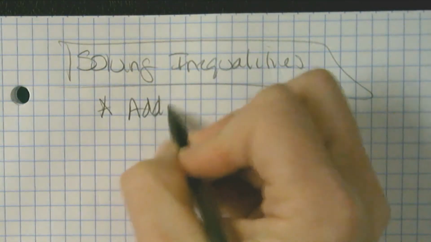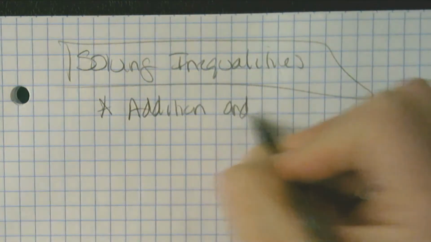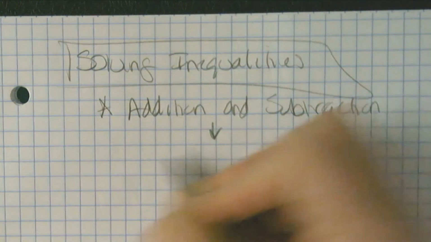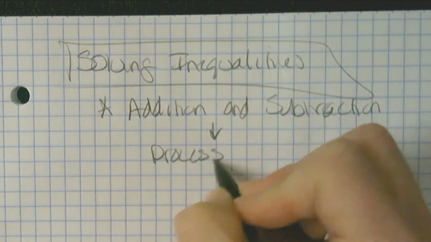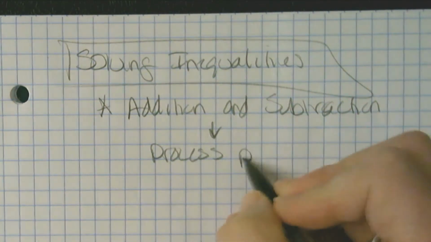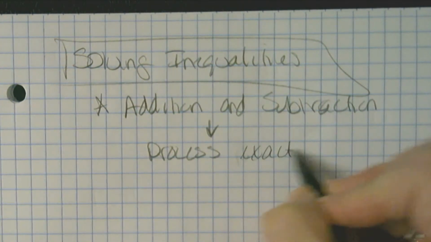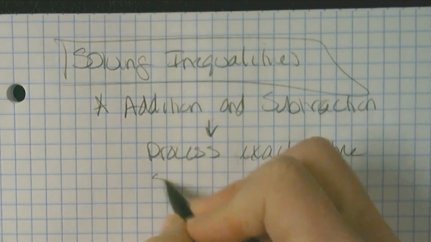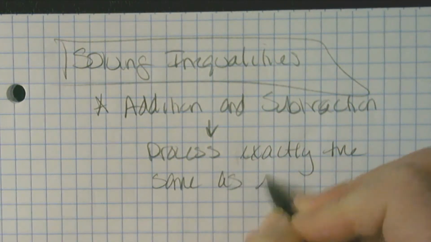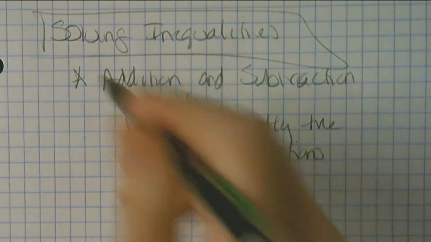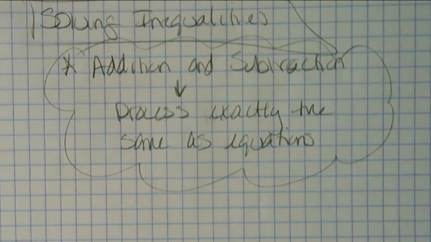When we have addition and subtraction, just want to remind you of this, the process is exactly the same as equations. So when you have addition and subtraction, it's exactly the same as equations. Multiplication and division are not exactly the same.